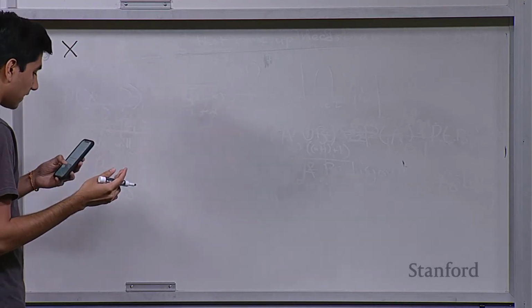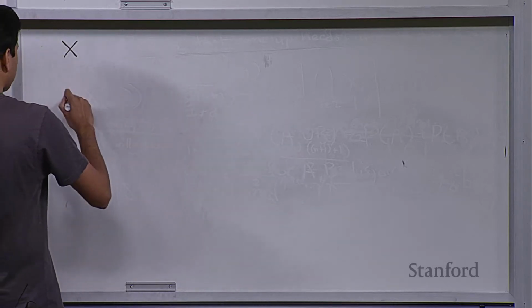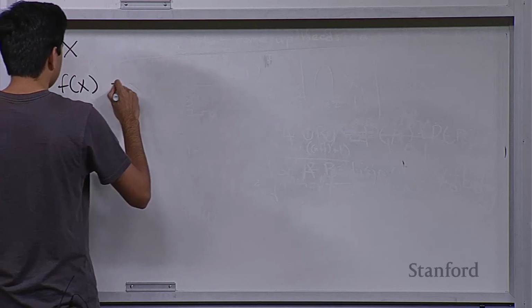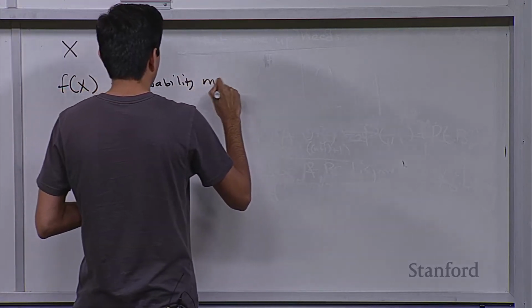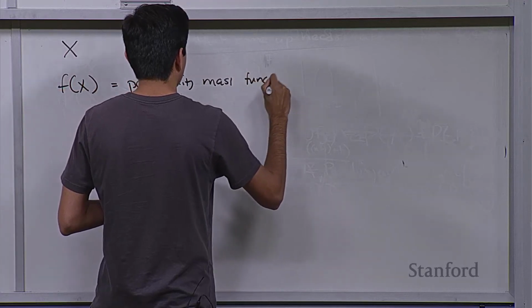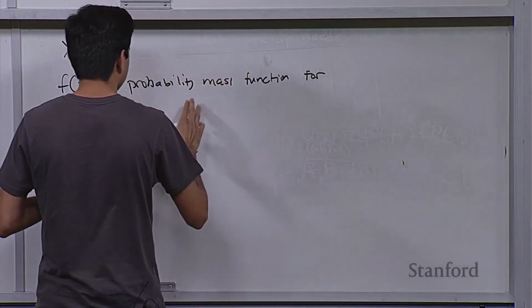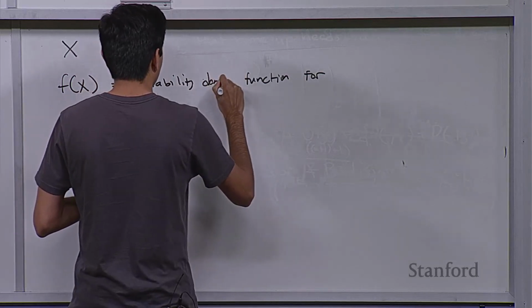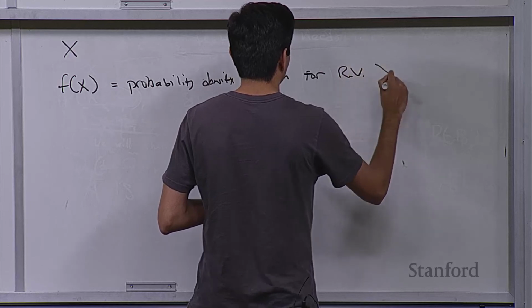Now a PMF, so let's say that we define f of x as the probability mass function, or probability density function, for a random variable x.